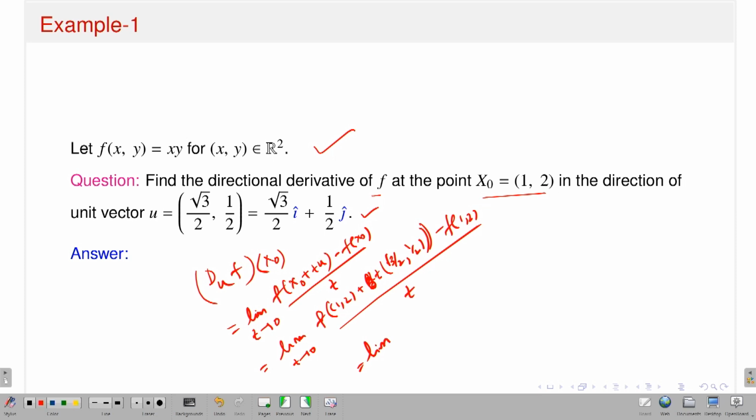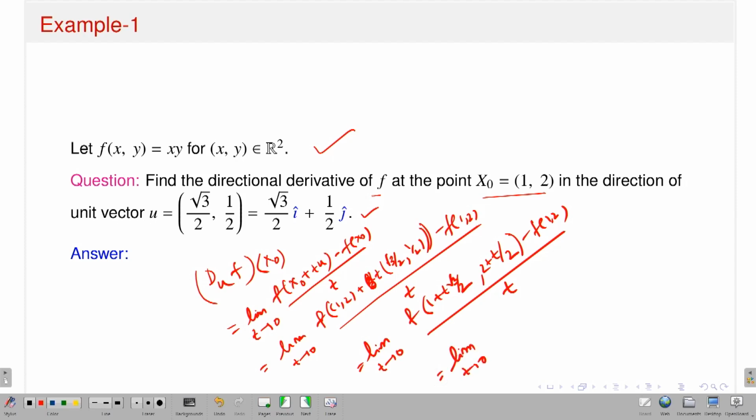Now you just add the coordinates component-wise. This is the limit as t approaches 0 of f of 1 plus t times root 3 by 2, comma 2 plus t times half, minus f of 1 comma 2, divided by t. But the function is given, f of x y equal to x times y. So this is 1 plus t times root 3 by 2, times 2 plus t by 2, minus 2, divided by t.